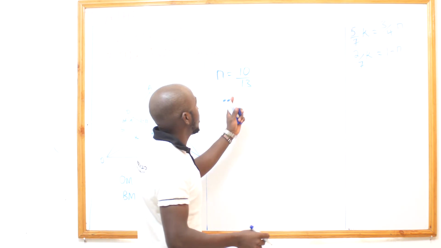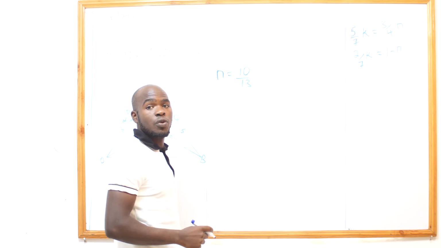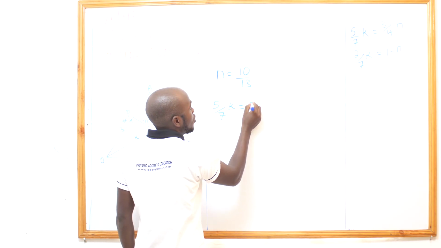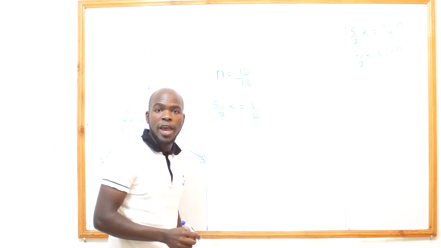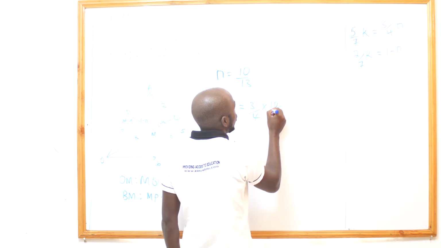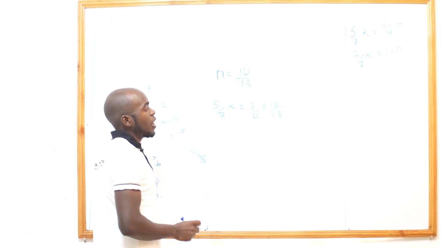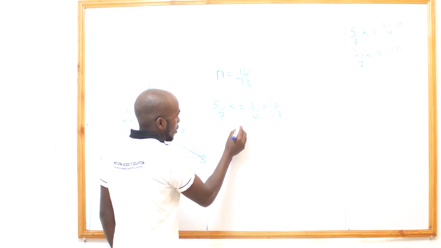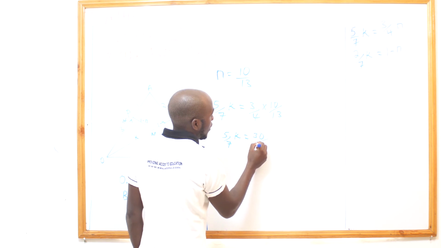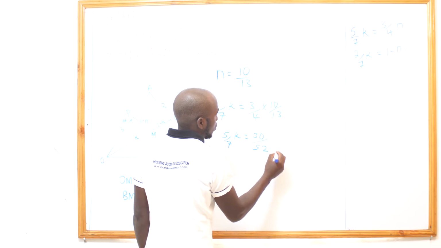Now we can substitute this in any of the equations, and in case we take the first equation, we are going to have 5 over 7k is equal to 3 over 4, but in place of n, we replace with 10 over 13. So we are going to multiply by 10 over 13. So when we multiply, we are going to have 5 over 7k is equal to 30 over 52.